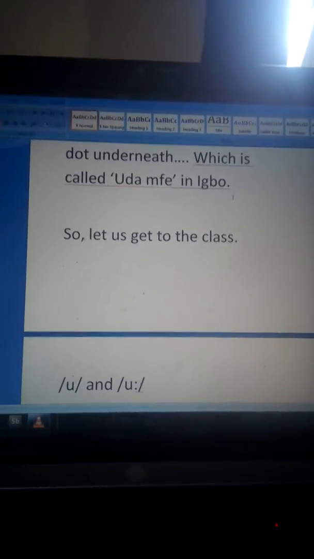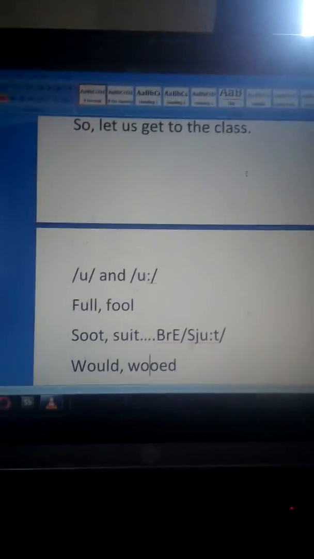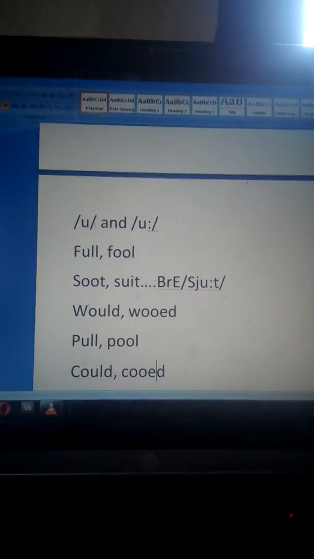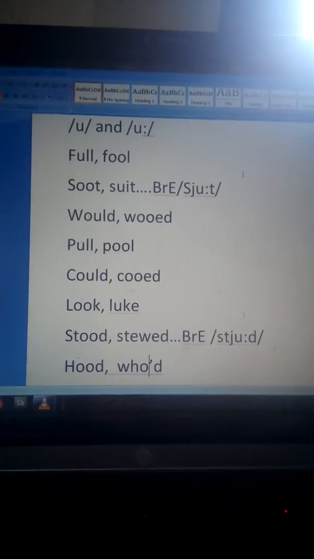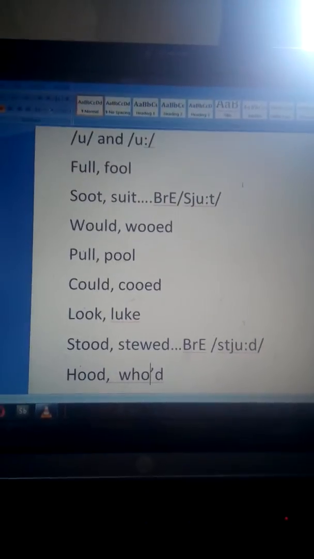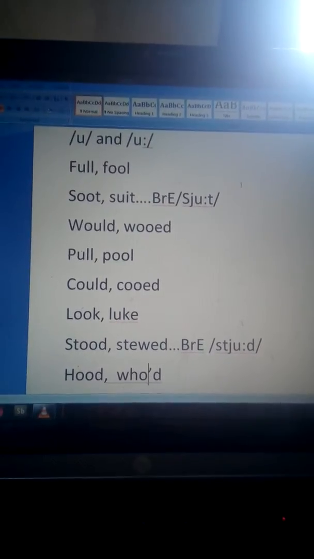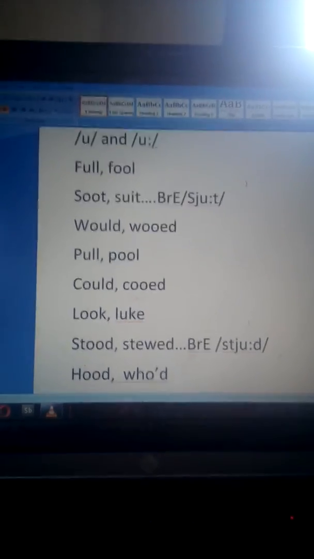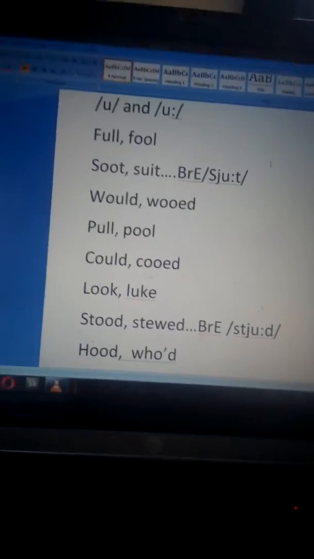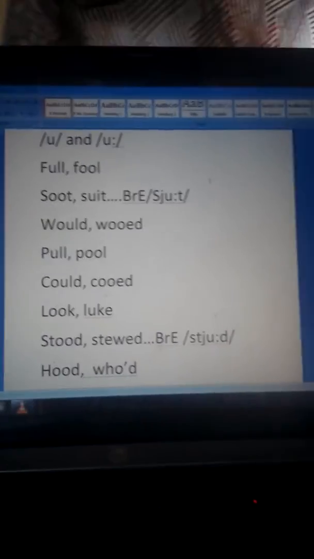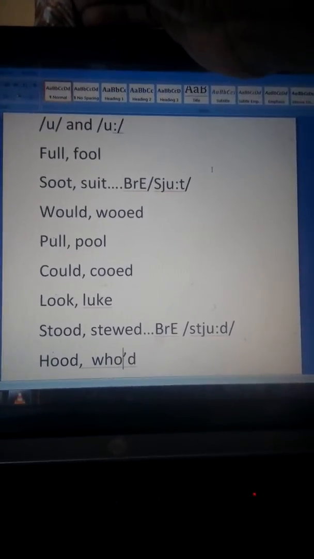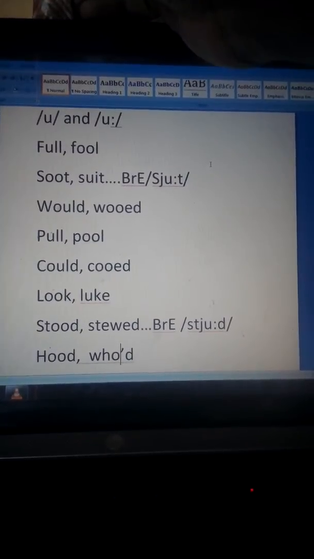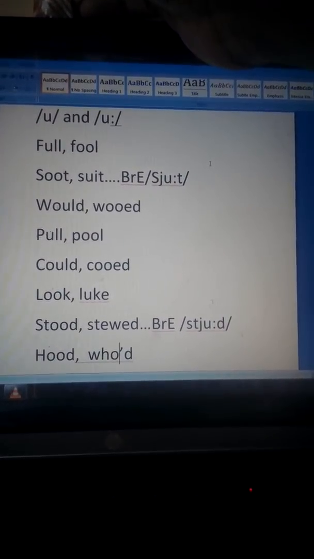So now, we will just look at the sounds. You're seeing it here, right? Okay, so we're going to take it in minimal pairs. I don't think I have to explain minimal pairs to you now. Now, we have the O and the U sound.